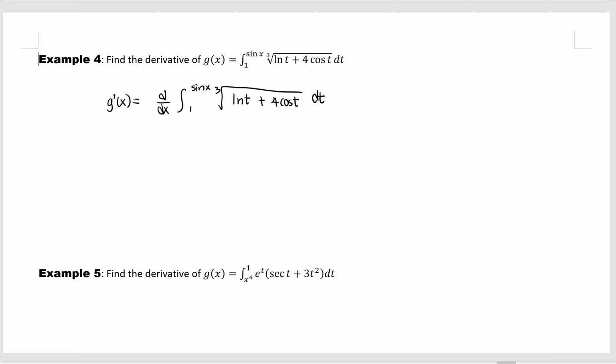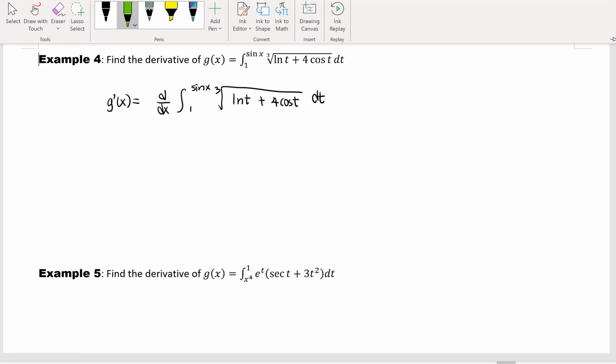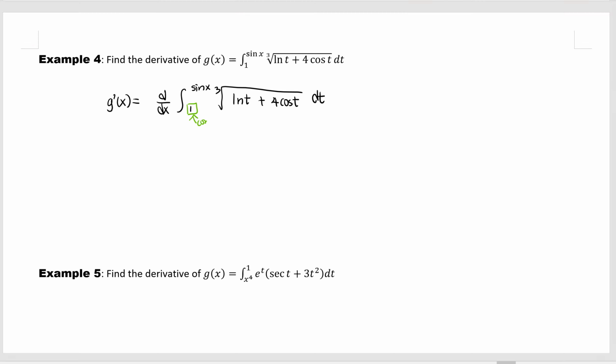First of all, let's check. Is the lower limit constant? Yes. Are these the same? Oops, no. Then what do we do? What do we do if they're not the same? We need to use chain rule. What do we want to match there?